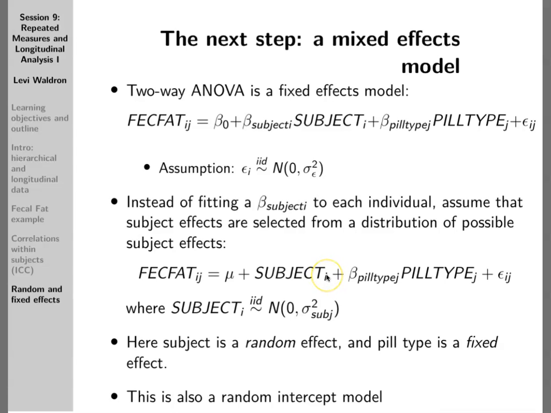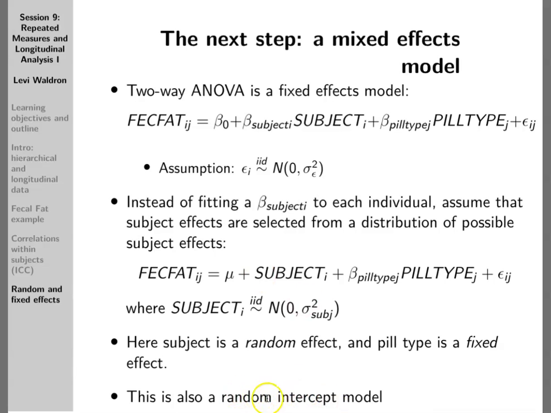If we were to increase ourselves to an infinite sample size, we would get down to a perfect measurement of pill type, but we would always see a normal curve of mean fecal fat excreted across all pill types for each individual.